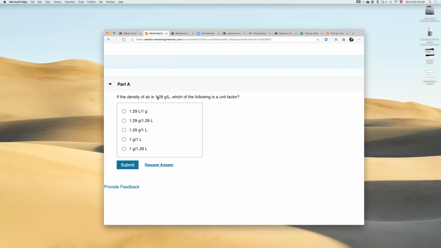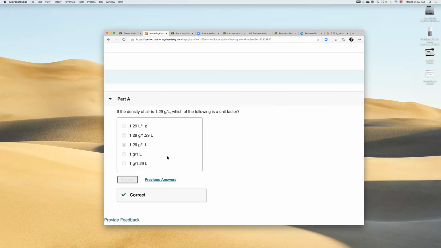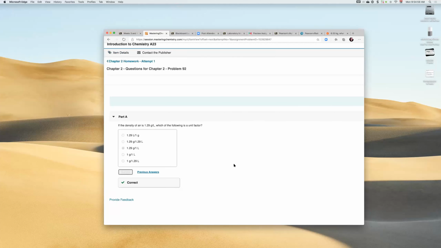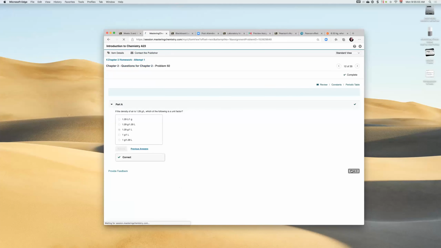No, this is saying 1.29 grams per 1 liter. So 1.29 grams per 1 liter looks like that's the right one. This is not true, and this is backwards. So that should be your answer. So they are conversion factors in addition to properties of matter.